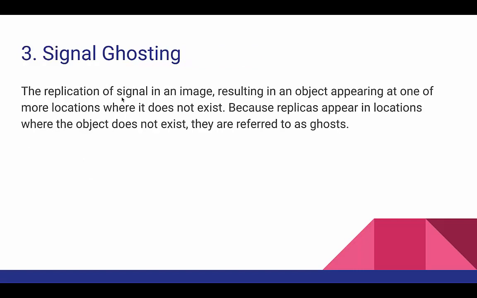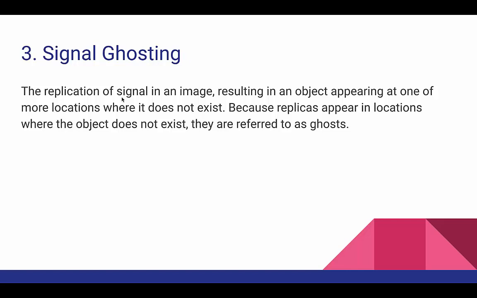So the third concept that I wanted to familiarize you with is the signal ghosting. It is a funny name actually, but this one is a very simple concept. Basically what happens is we have replication of the signal in an image.